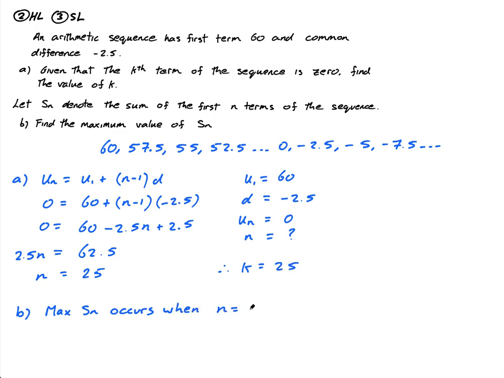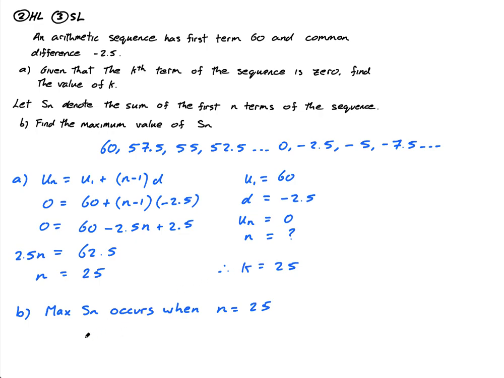Well, 25, or it could be 24 actually, because it doesn't matter if you add the 0, you'll get the same answer. When I add up all these numbers before I get to the negative terms, that's where my maximum occurs, and all the terms that are not negative, it's the first 25 terms.